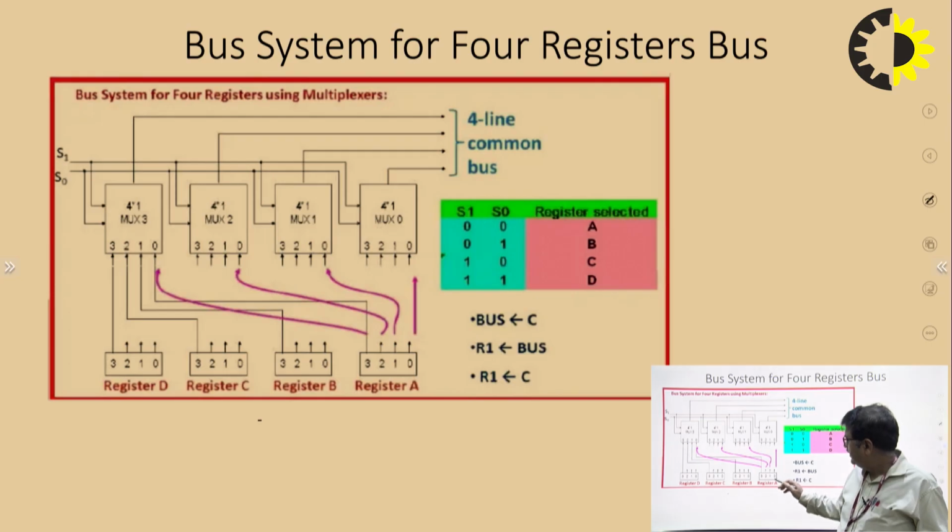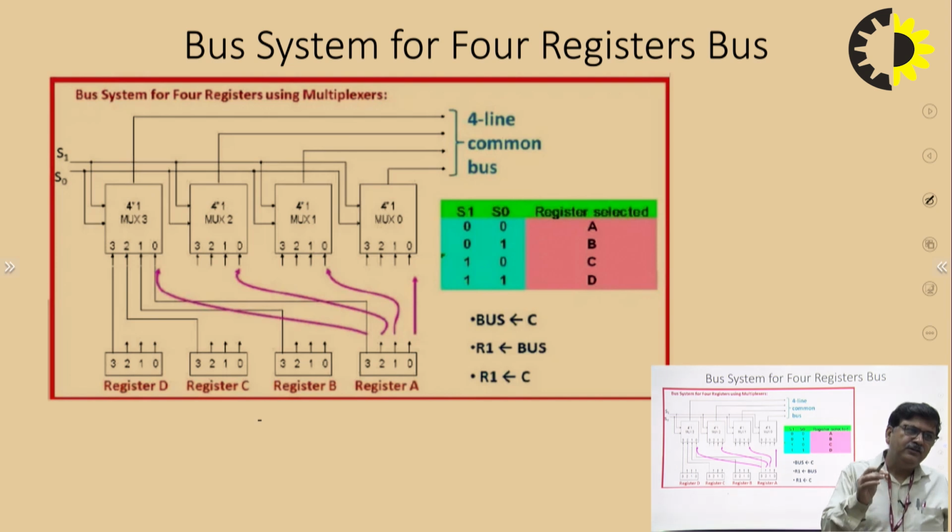Register A is connected to the 0 input of the multiplexers, register B to the 1 input, register C to the 2 input, and register D to the 3 input. Why did we connect it this way? At the 0th position of every multiplexer, we connected register A's data.